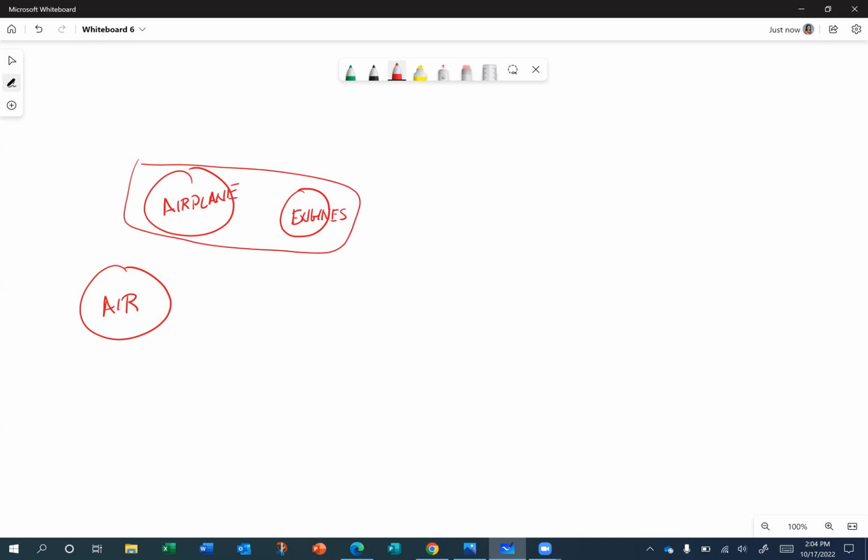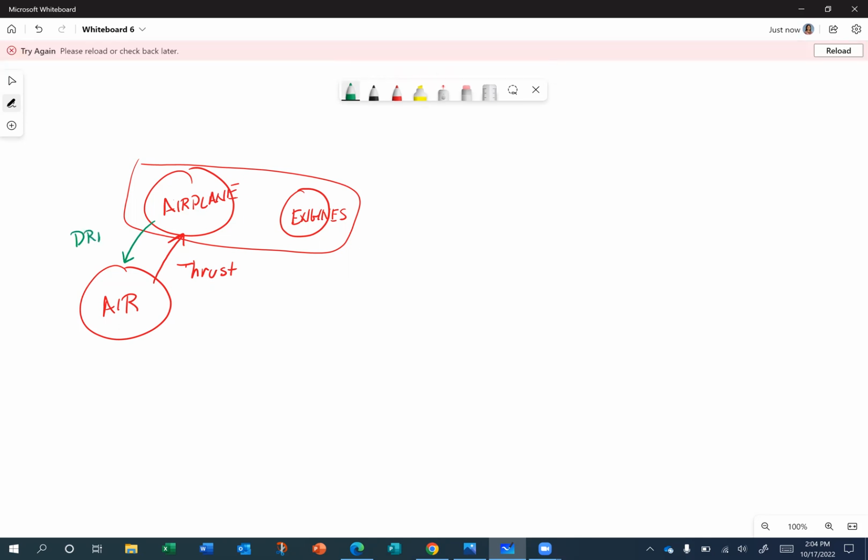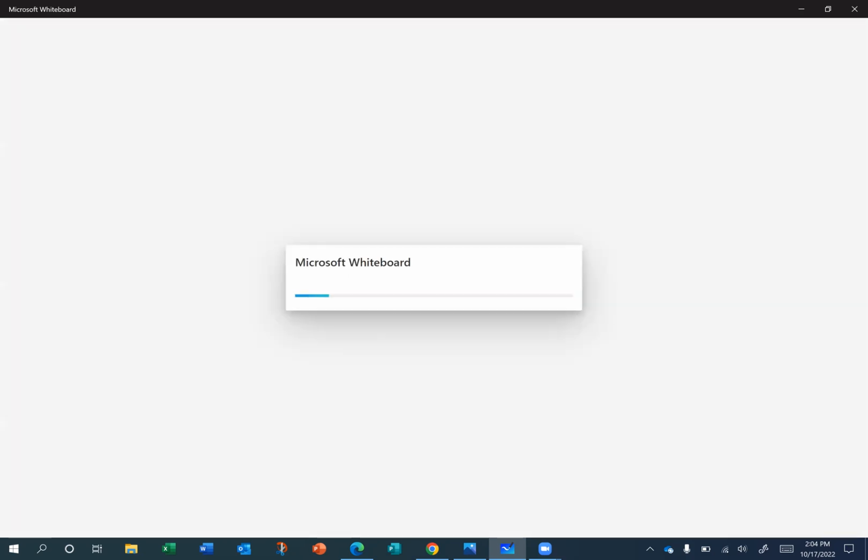We're going to look at this all together. So basically what you have is the air pushing on the airplane in a thrust force. Then you have air resistance in a drag force that's going to be pushing back on the airplane.